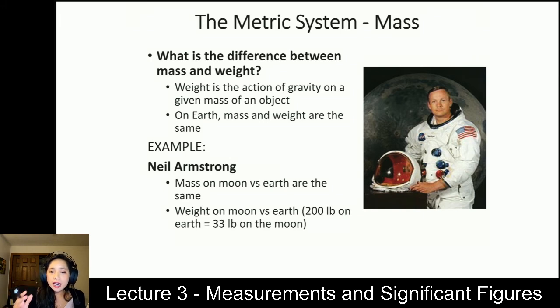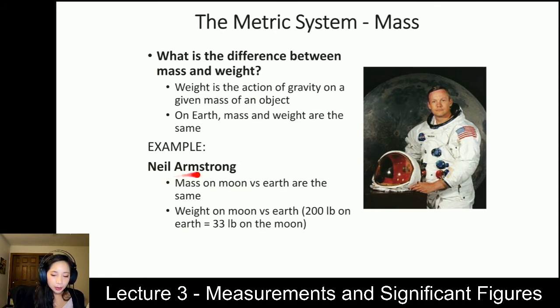But if you were to take the same object with the same mass onto the moon, its mass would not change, right? The mass of an object, the amount of stuff in it, does not change, but the amount of force exerted on the object because of reduced gravity, like on the moon, would be different, so its weight would be different.